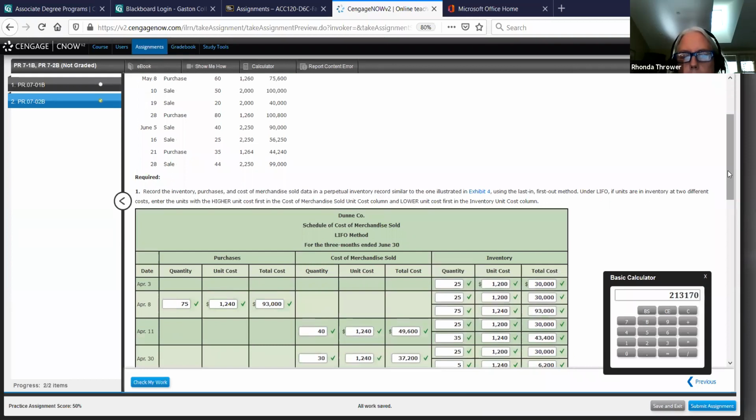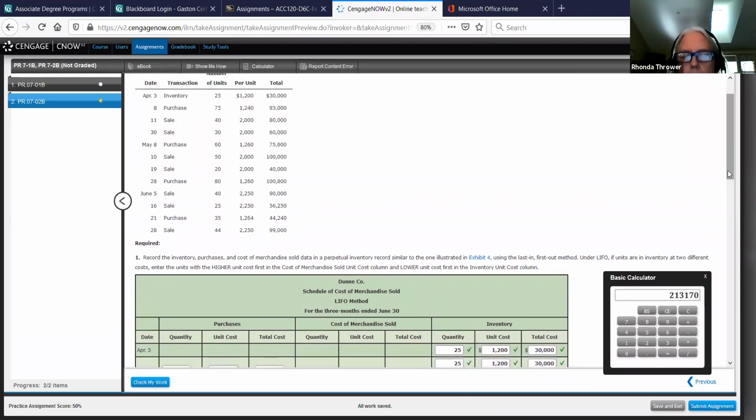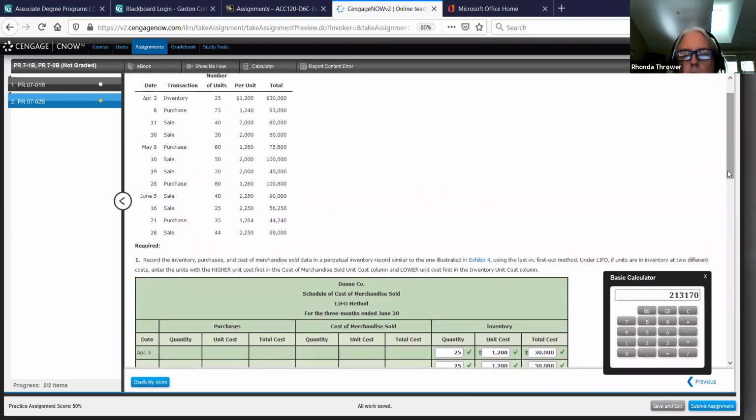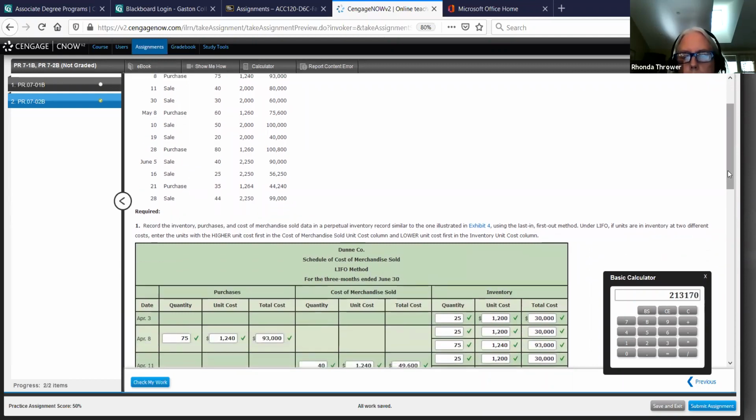Notice in the LIFO method, what you need to remember is the last units in are the first units sold. So it does not go with the physical flow of goods, because normally we would sell whatever we bought first. But this is just a way that management can put a cost on their cost of goods sold.